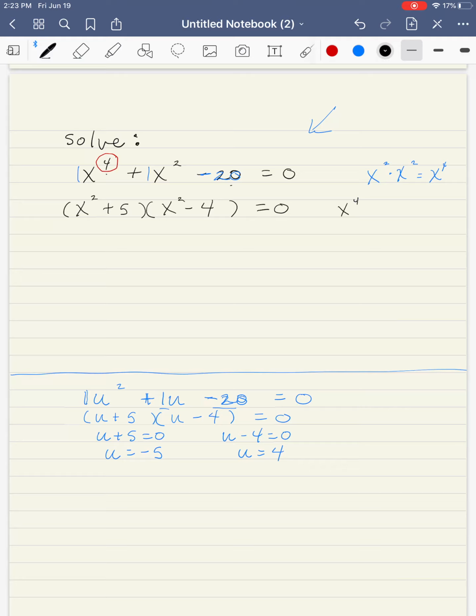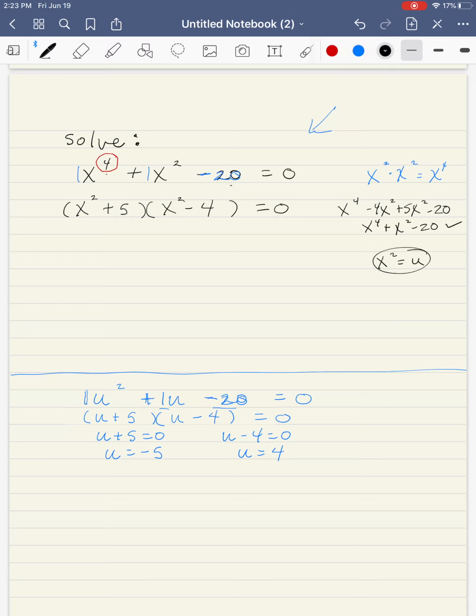If I FOIL this back out again, I would have x to the 4th minus 4x squared plus 5x squared minus 20. Combine my middle terms, and I see that I do have a correct factorization.